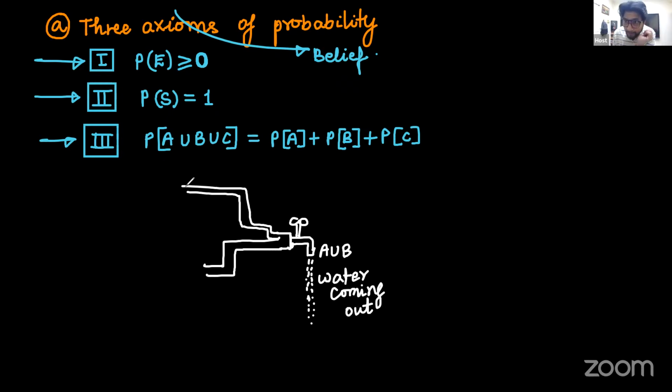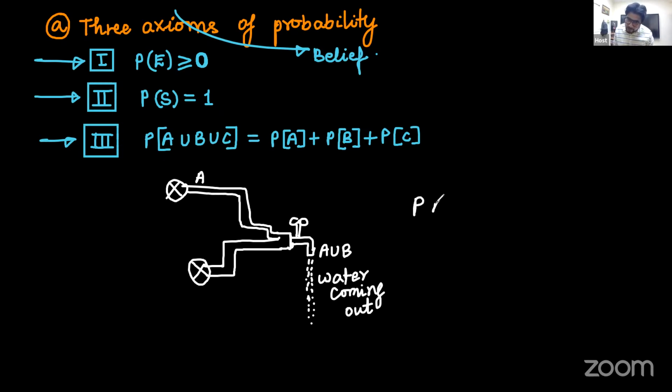It can be satisfied even if supply line A is closed. Supply line A is closed, but supply line B is open.